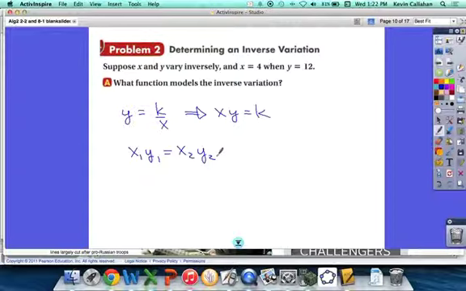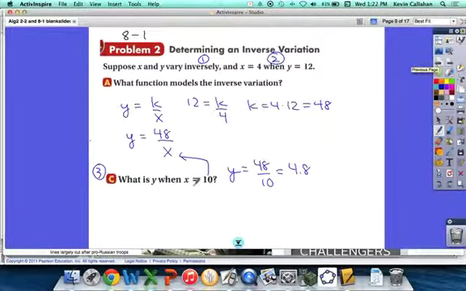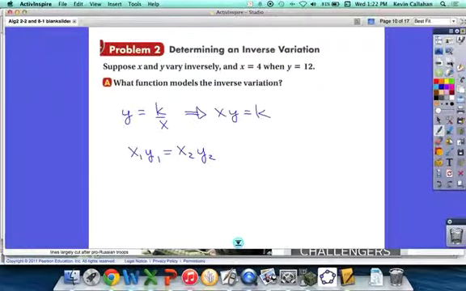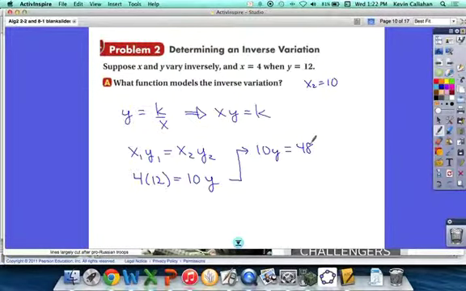And remember, our x2 is going to be 10. So we set that up. 4 times 12 equals 10 times y. 10y equals 48. y equals 48 over 10, 4.8.